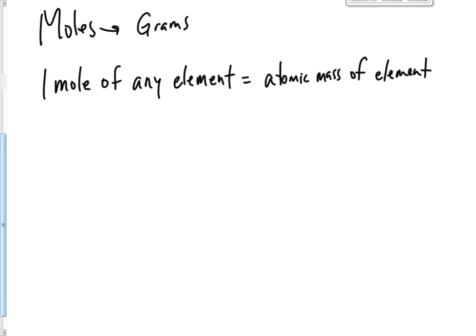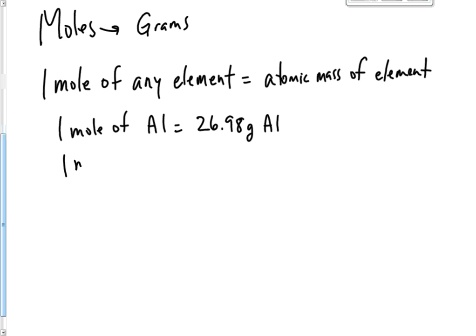Okay, so that's where your periodic table comes in. All right, so 1 mole of aluminum equals, you look at your periodic table, 26.98 grams of aluminum. Okay, so all you have to do is look at your periodic table.